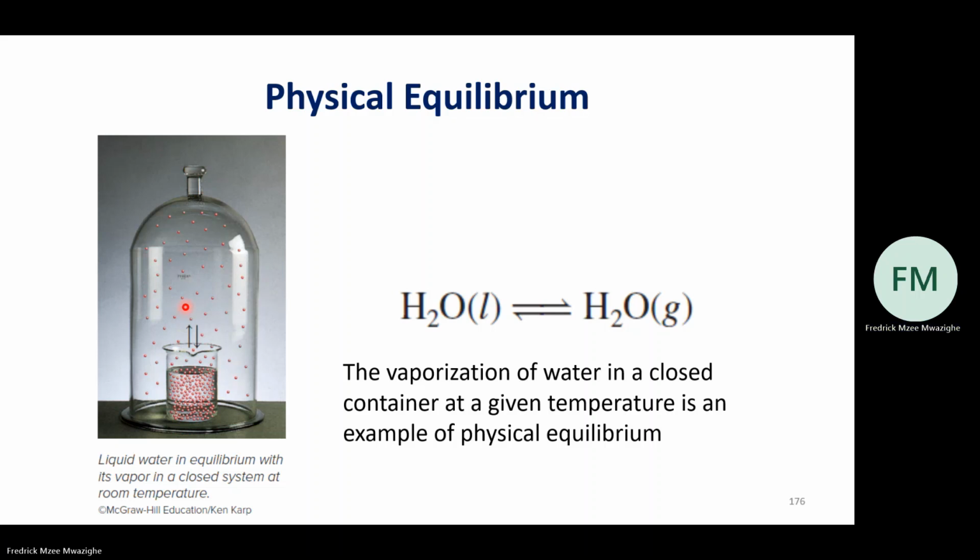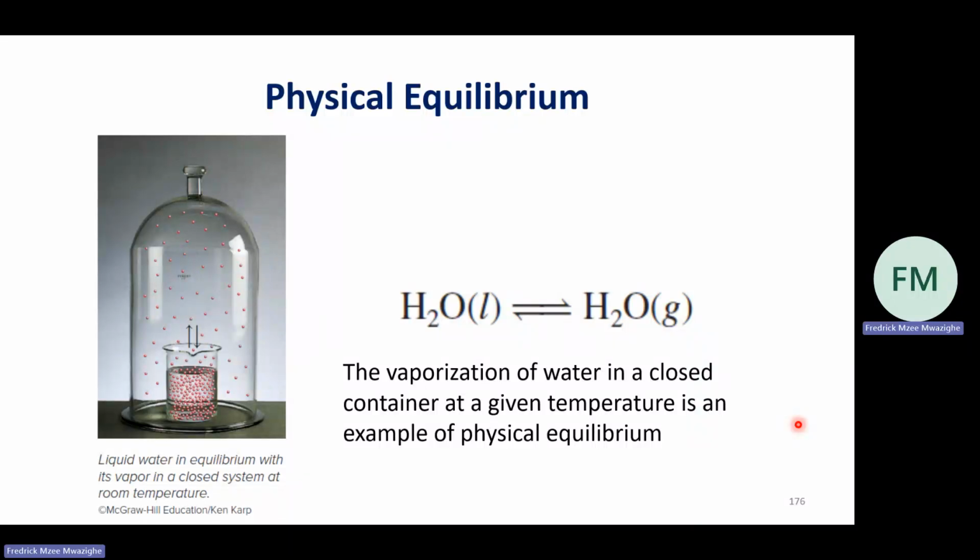Okay. But at the same time, as soon as the vapors are formed, there is also a tendency of the vapors condensing back into the beaker. So there is a vaporization process and a condensation process taking place. Now, once the rate of vaporization is equal to the rate of condensation, then you have an equilibrium having been established at that given temperature.